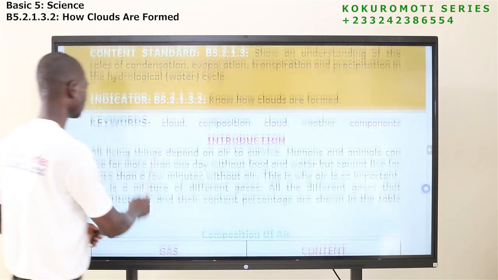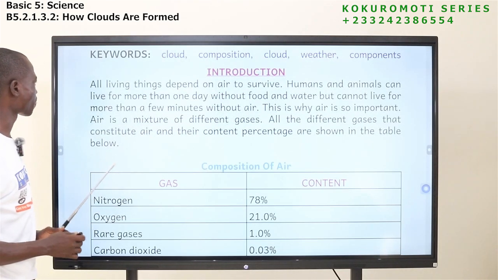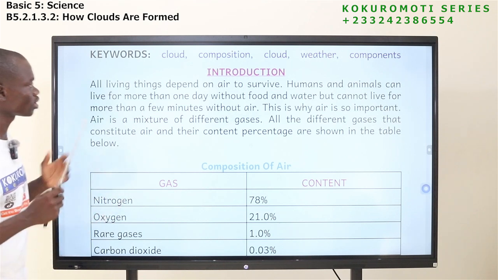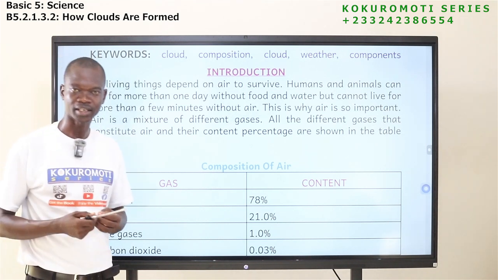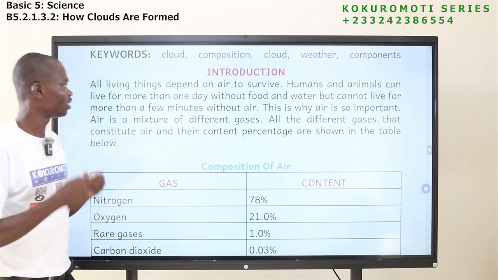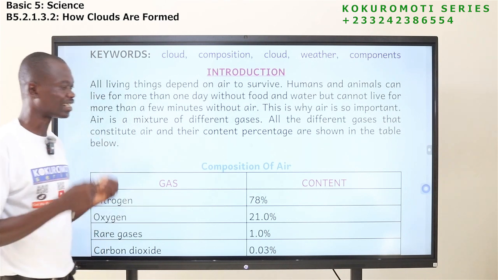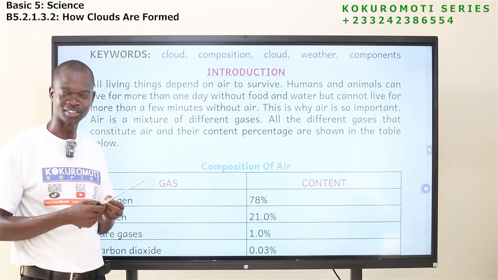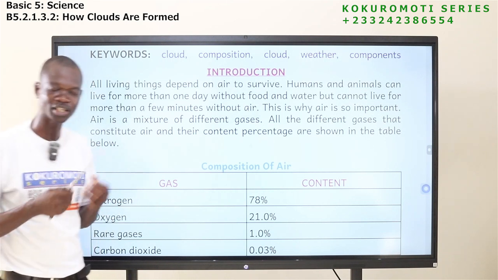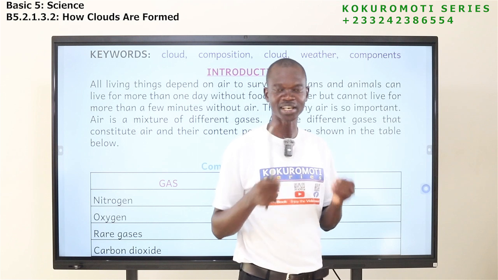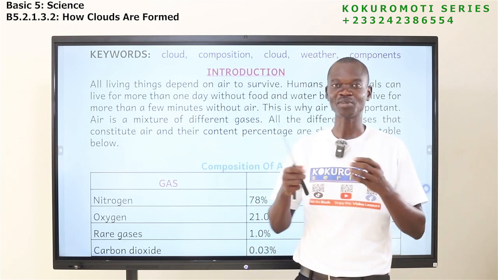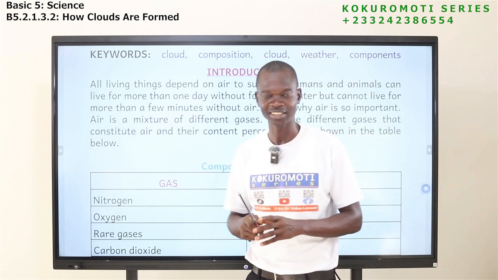Okay, now let's look at what we have here. All living things need water, air, and food. These are the things that we need to survive. We can stay without food for a whole day. We can also try our best to stay the whole day without water.